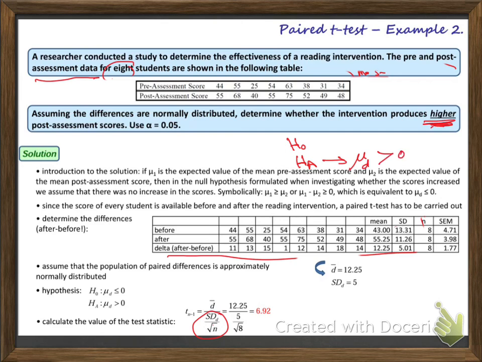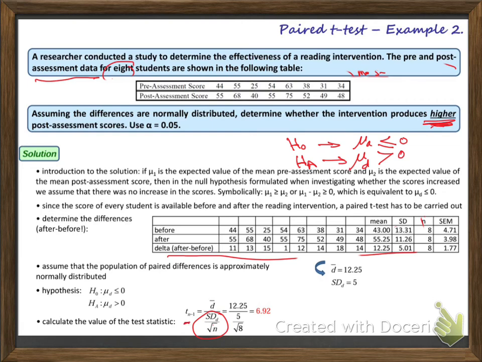We said either delta is 0 or it's not 0. If it equals 0, there is no difference, no change. If it is not 0, greater or less, there's an impact, an influence or a change. So here it is greater than, so the H naught will be mu D less than or equal to 0, the opposite of it.